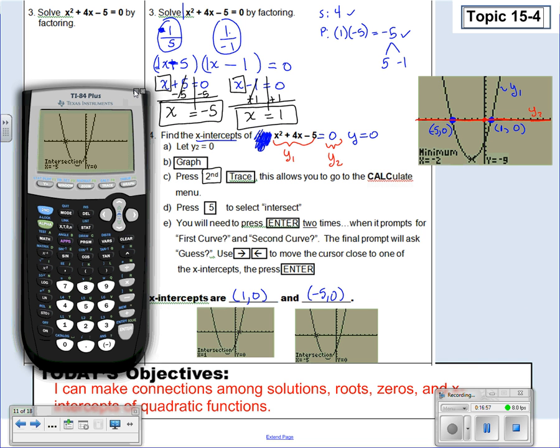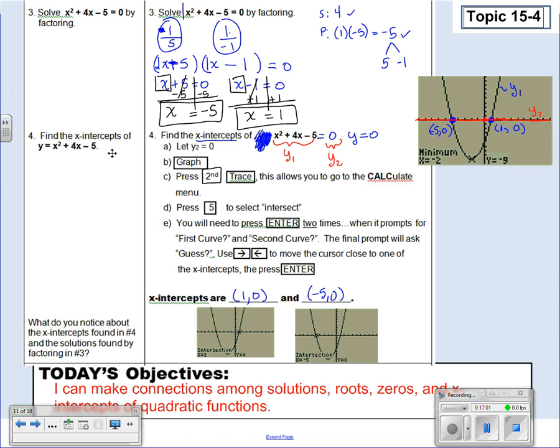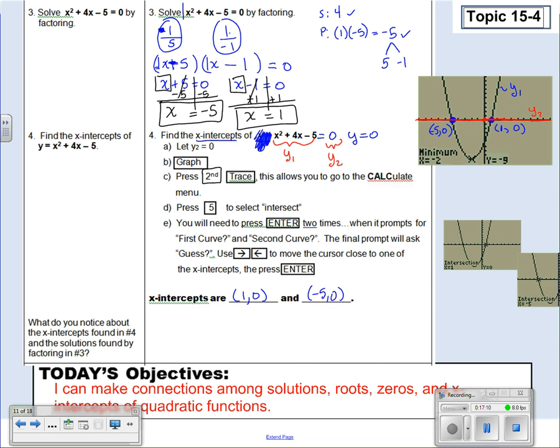So we have found the intersections using the calculator. The last thing that I asked then is, what do you notice about the x-intercepts found in number 4, which are these 2 intersections that we found, and the solutions that we found in number 3.